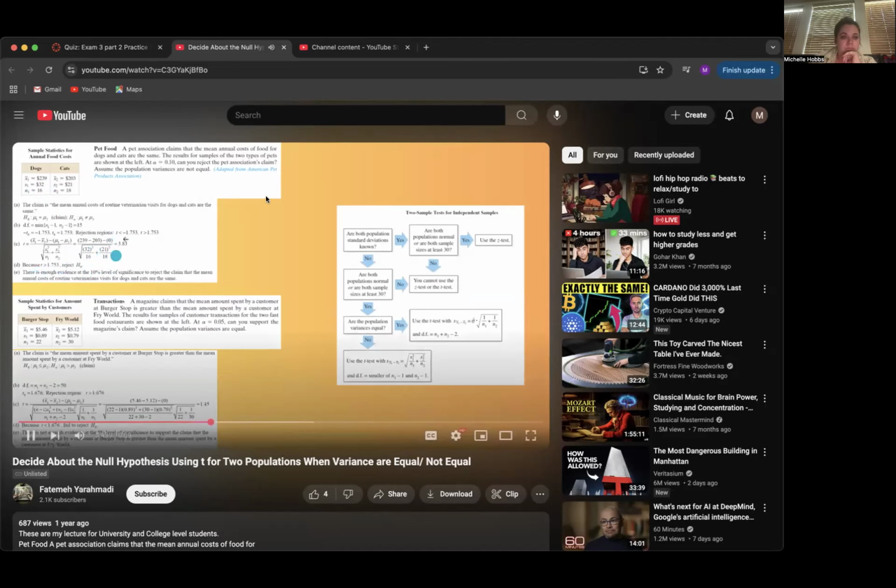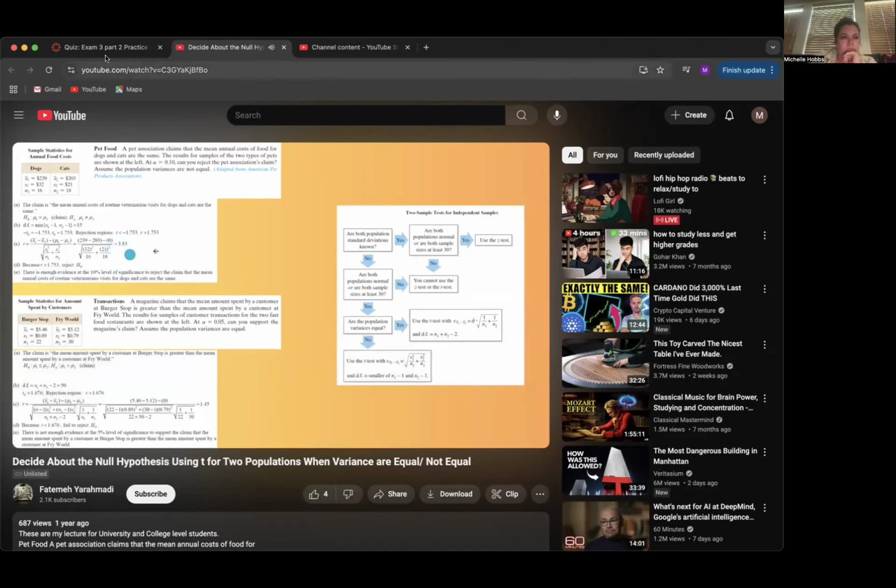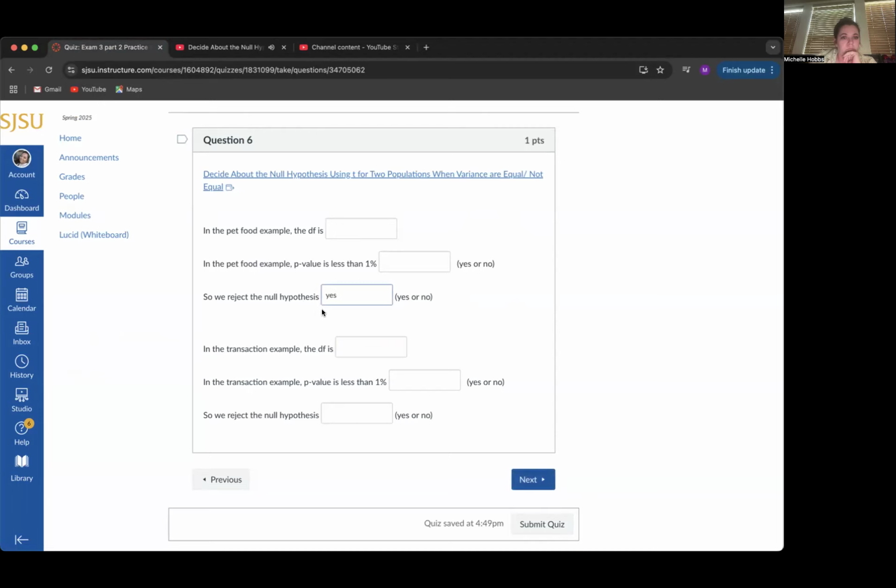This number is about 3.83 and this is more than 1.753. It means that this lands in the rejection region.